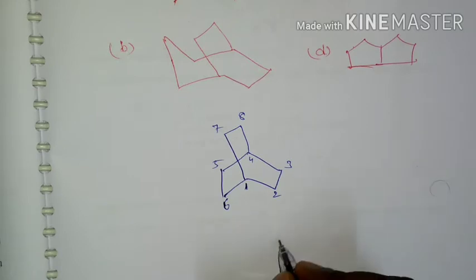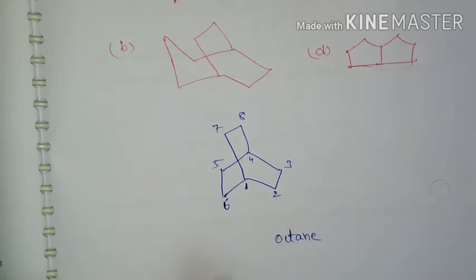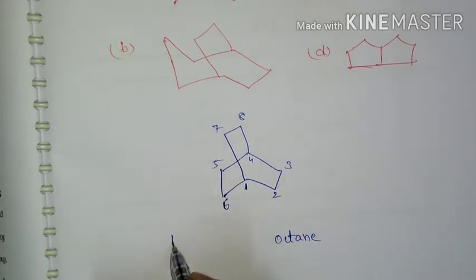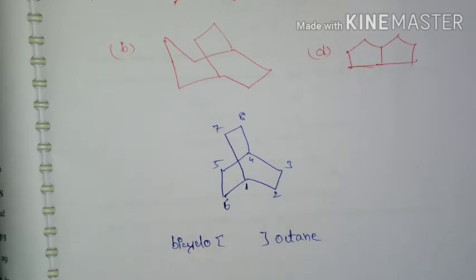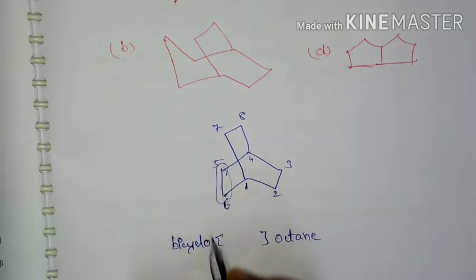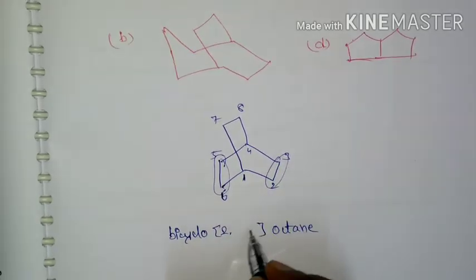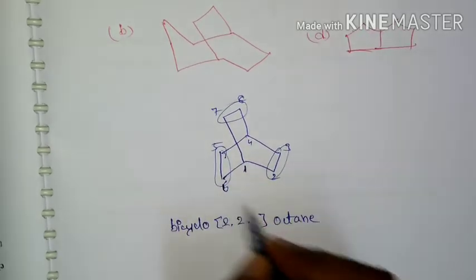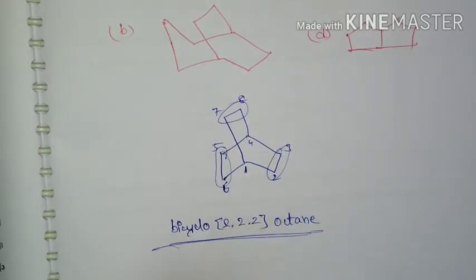So if 8 carbons are present, it is octane. Since it is a bicyclic compound, I need to include the prefix bicyclo, and within the bracket mention the bridge carbons. Here it is 2, here it is 2, and here it is also 2. So this is bicyclo[2.2.2]octane.